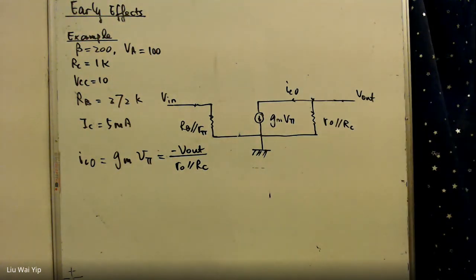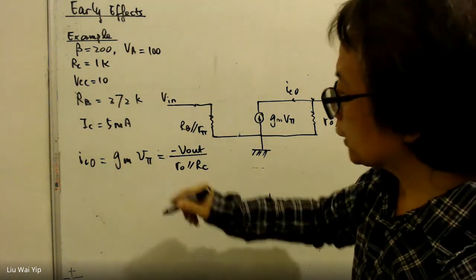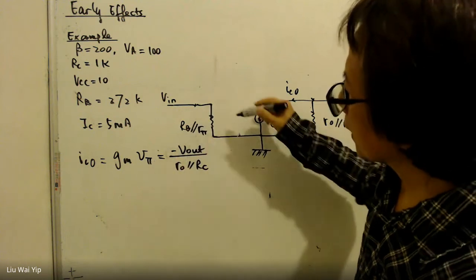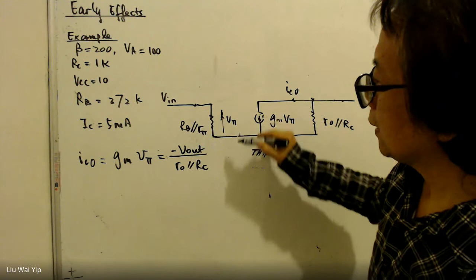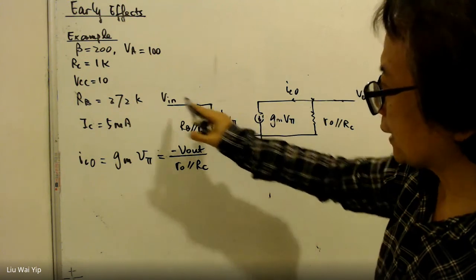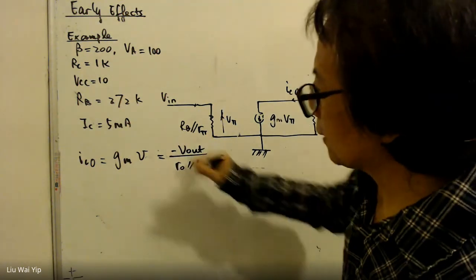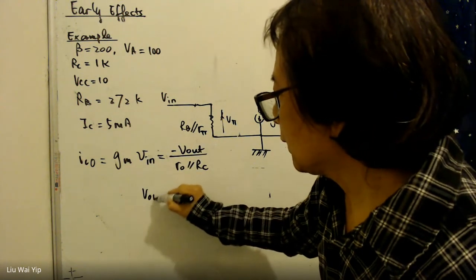V pi is the voltage across this resistor, and V pi is the same as Vin.